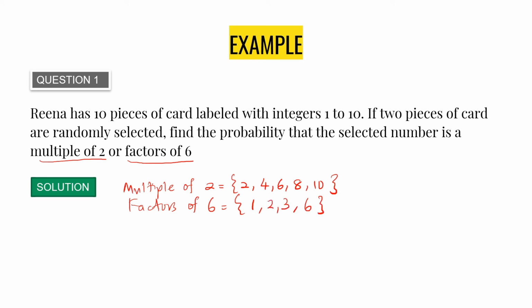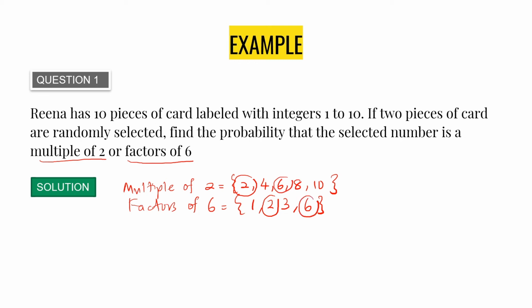Okay, so the second step is that we have to determine whether these two events are mutually or non-mutually exclusive. These two events are non-mutually exclusive because we have an intersection, the same elements, which are 2 and 2, 6 and 6.